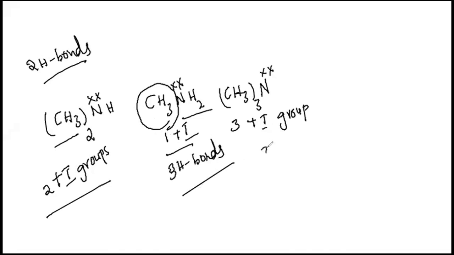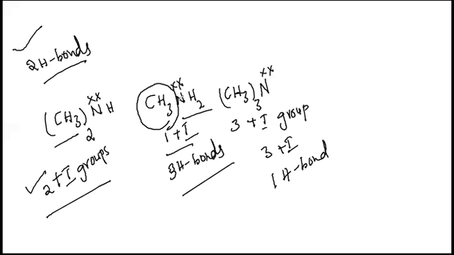For tertiary, 3 I groups and only 1 hydrogen bond. Clear? Here the contribution from hydrogen bonding and the contribution from the alkyl group, the electronic effect, are equal in magnitude. That is why I give first priority to secondary amine.